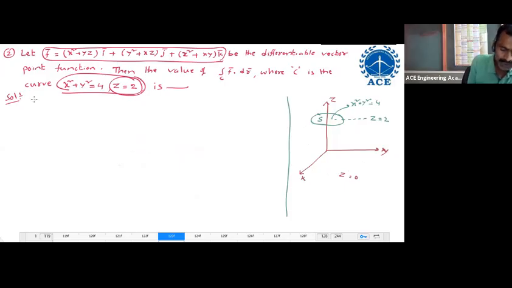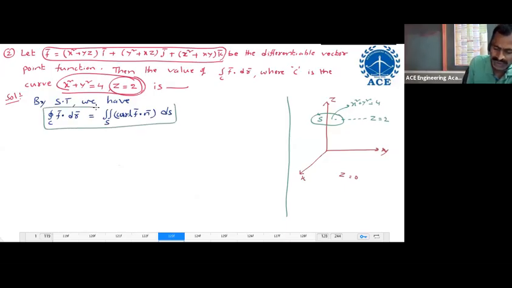So we write the Stokes theorem transformation. By Stokes theorem, we have integral over C of f bar dot dr bar equal to double integral over S of curl f bar dot n bar dS.